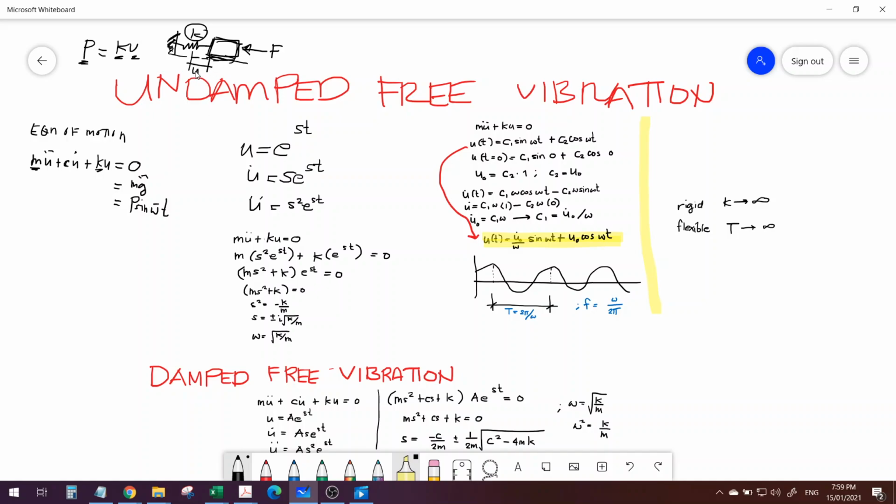And that displacement will depend on the stiffness of your spring. So that's the analogy, a spring idealization.